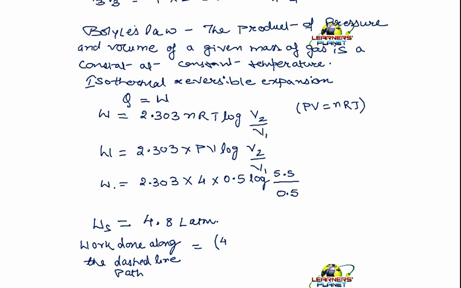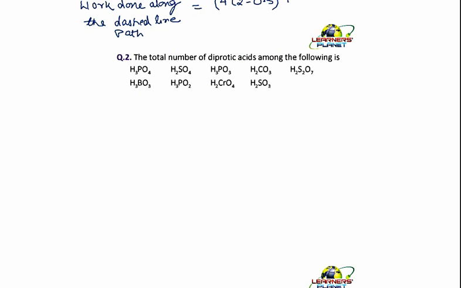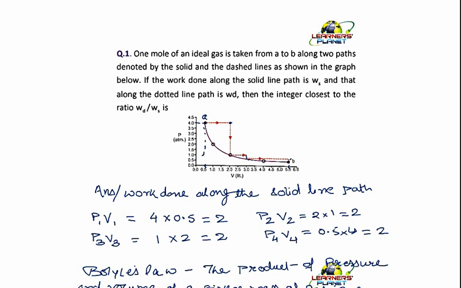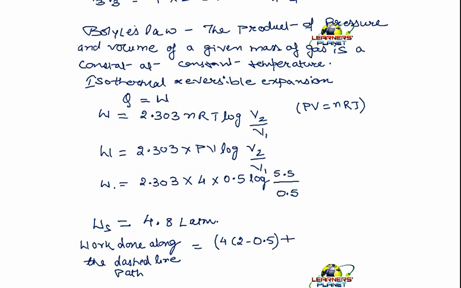So it would be 4 multiplied by 2 minus 0.5 plus the next pressure over here is where all the work is done. See here, this point is 1 and delta V is 3 minus 2. So it would be plus 1 into 3 minus 2, that is again 1.